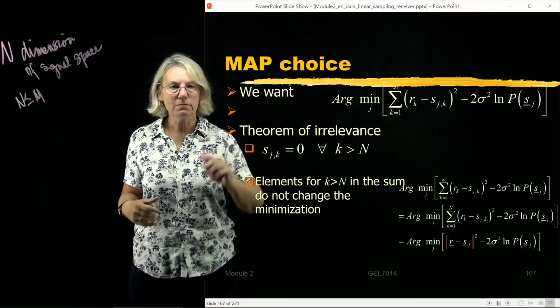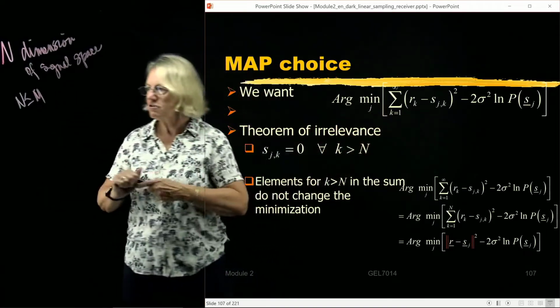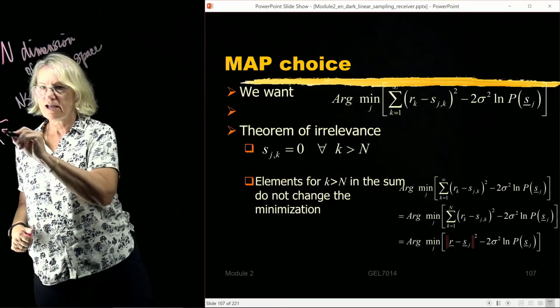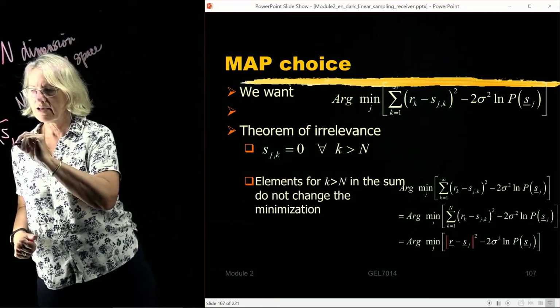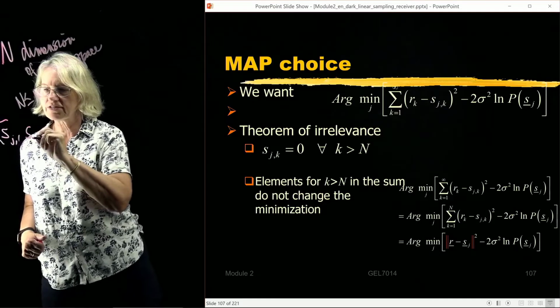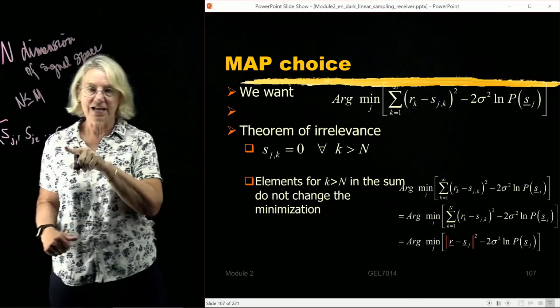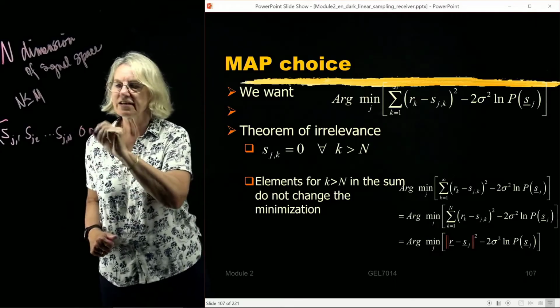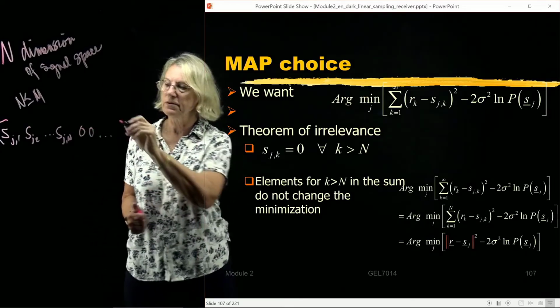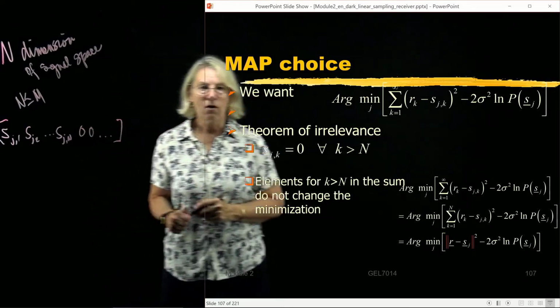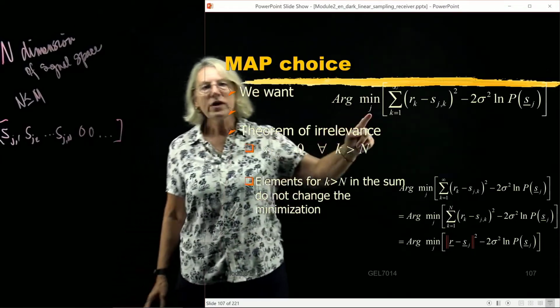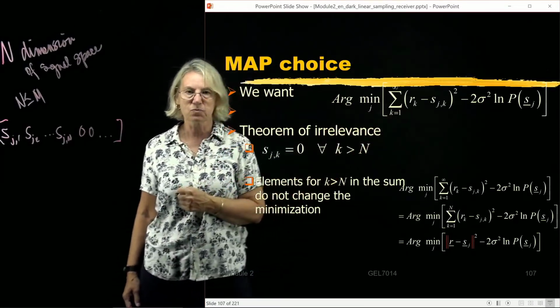So all of the elements of this long vector, S_j1, S_j2, up to S_jn, these could be non-zero. But after this, it's always 0. I can go to infinity, but they're always 0. Now, I'm trying to find which one is going to minimize this expression.